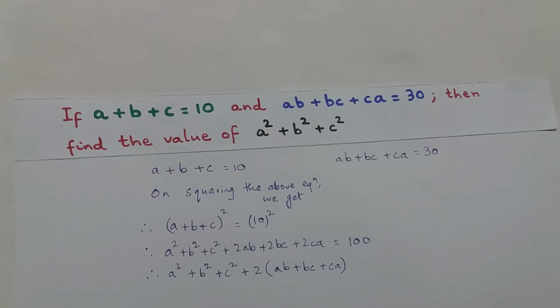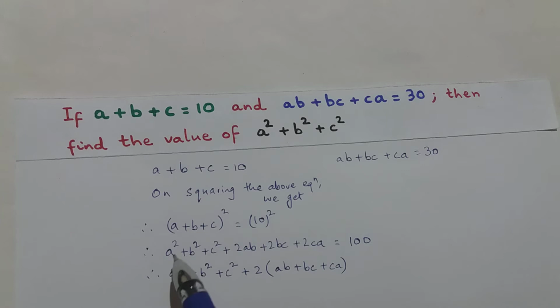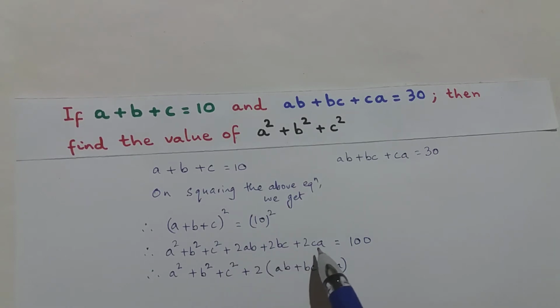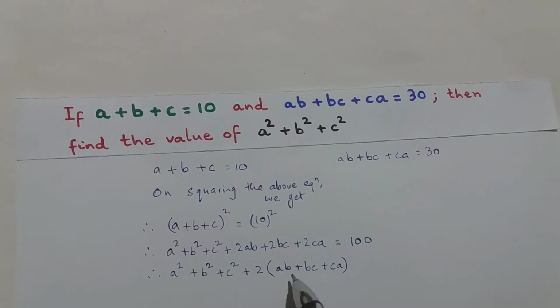Now if you are thinking how I wrote this expression in this way, see, A square plus B square plus C square I have written as it is, but plus 2AB plus 2BC plus 2CA I have written as plus 2 into AB plus BC plus CA.